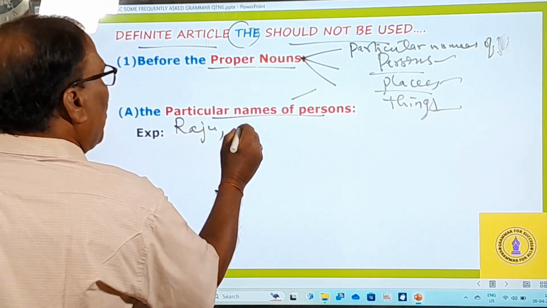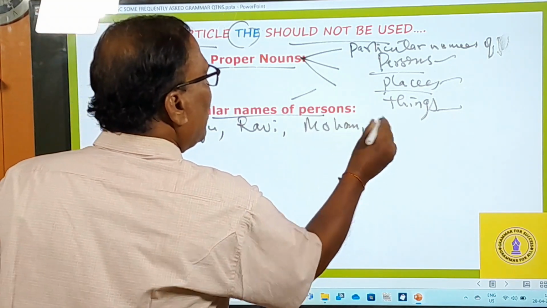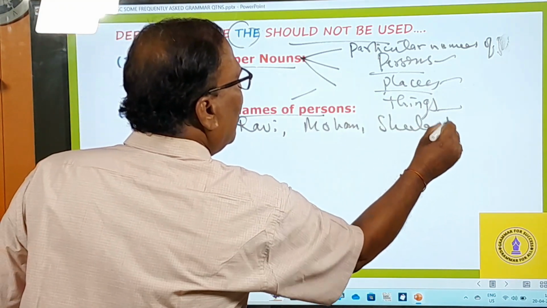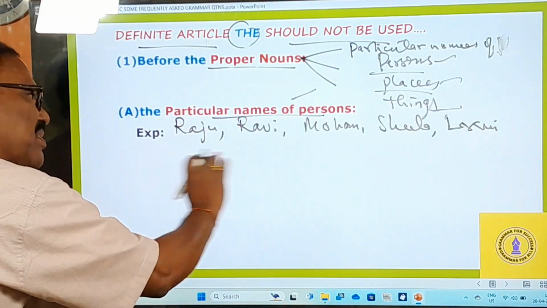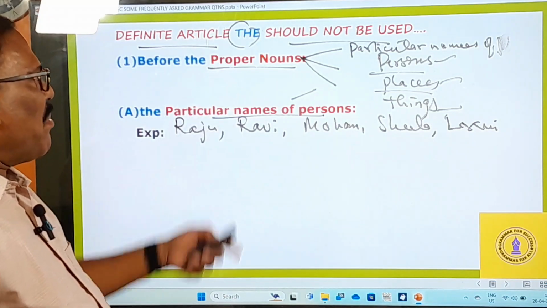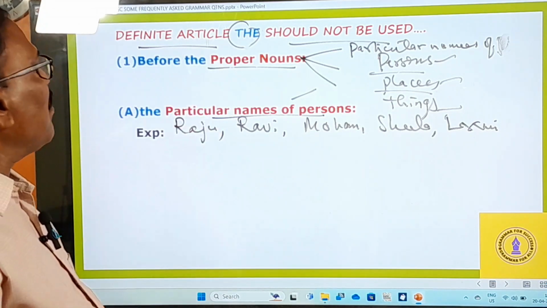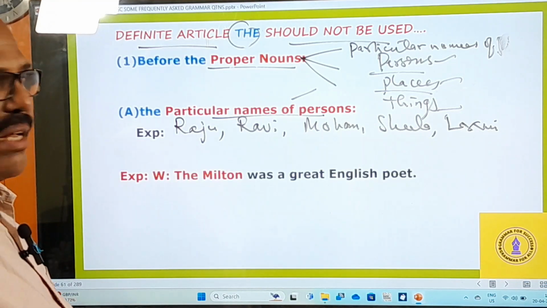Raju, Ravi, Mohan, Sheila and Lakshmi are all particular names or own names of these persons. Therefore, they are called proper nouns, and before them we should not use any article. If it is used, it is grammatically incorrect.